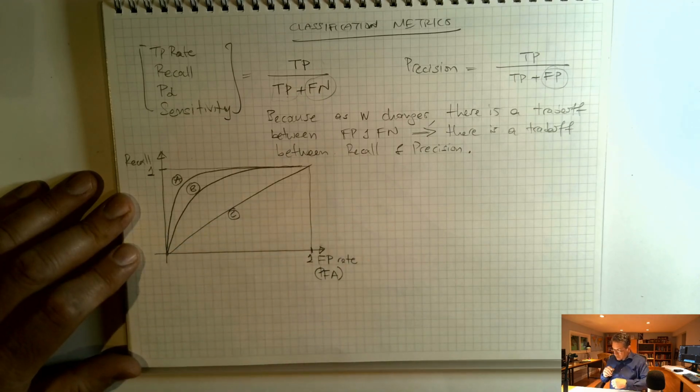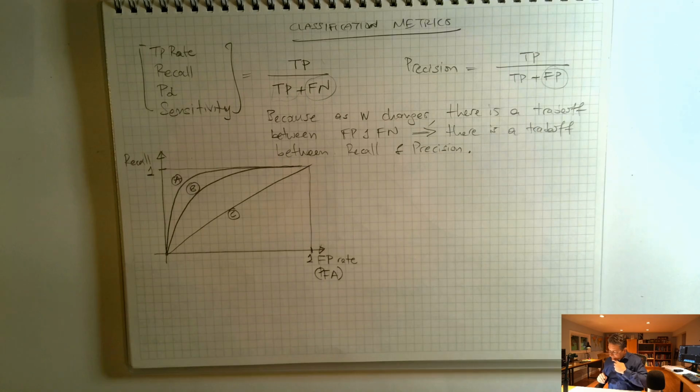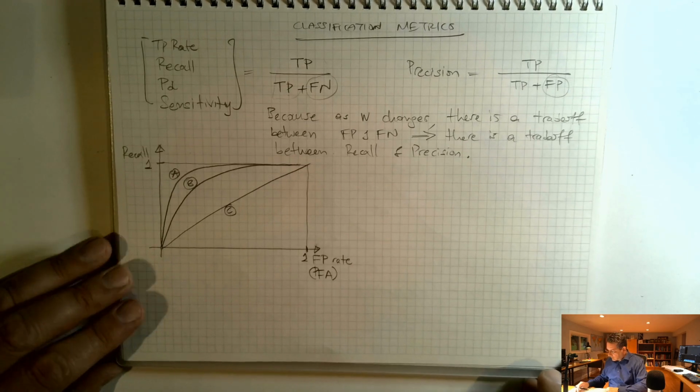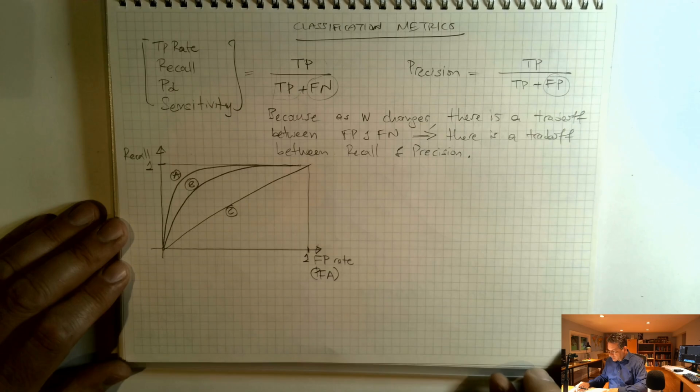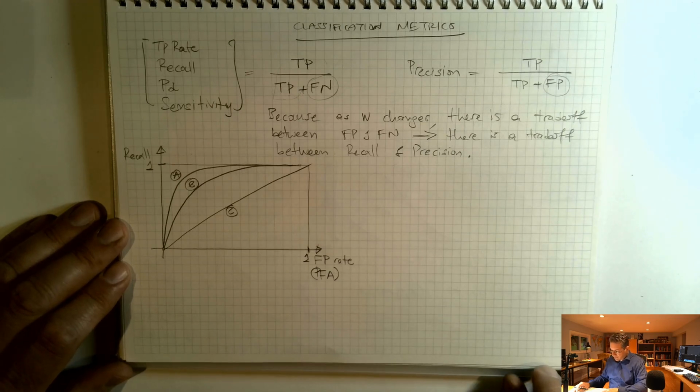I think it's reasonable to understand now what is the best possible classifier we can ever design, which is of course not achievable right now, and not achievable in any case where we have overlap between positive and negative classes.